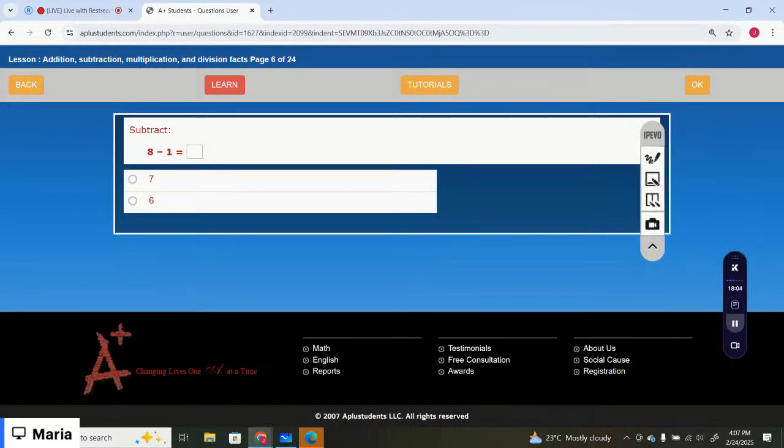8 take away 1, which is the correct option? That is 7.